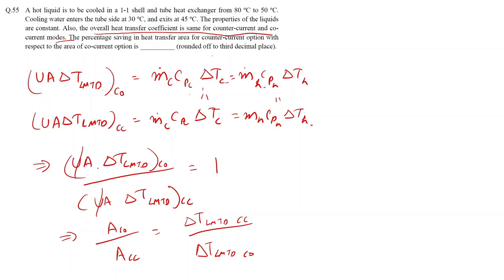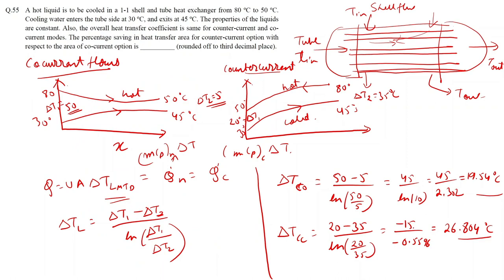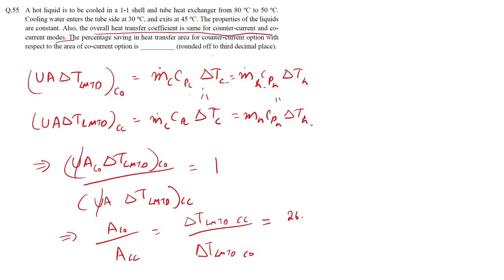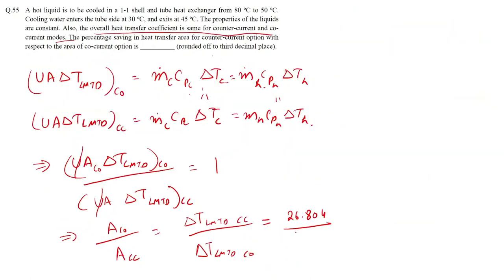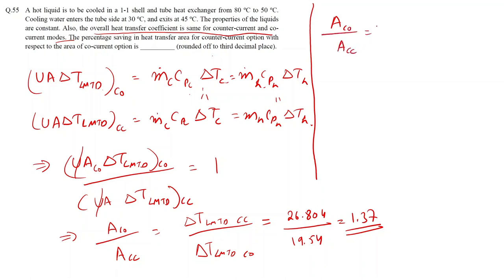So this we can write as delta T for counter current flow, which was given as 26.804, upon, for co-current flow it was 19.54. So we can calculate this and it will become 1.37. So ultimately we have the area for co-current flow upon area of counter current flow as 1.37.